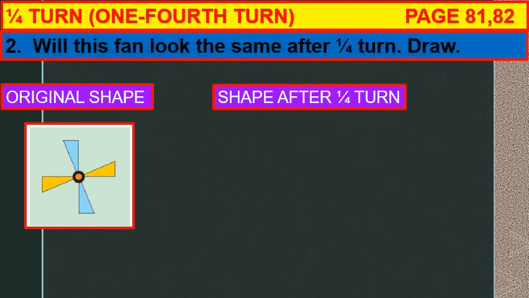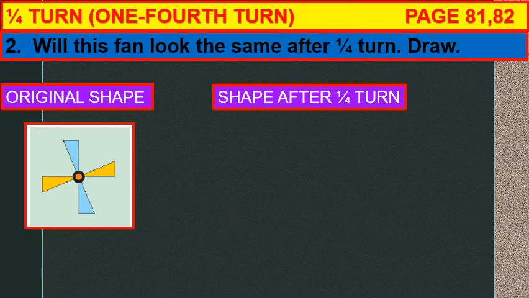Second one. Now here a fan with 4 blades is shown in the figure. This fan's blades are made up of two colors, sky blue and yellow. Two opposite blades are sky blue and the other two opposite blades are yellow.